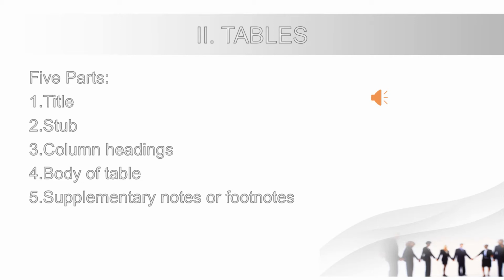It normally indicates the table number and describes the type of data the table contains. Each table has its own number, for example Table 1.1, 1.2, and so on. Tables are numbered in sequence in the order they appear in the text.